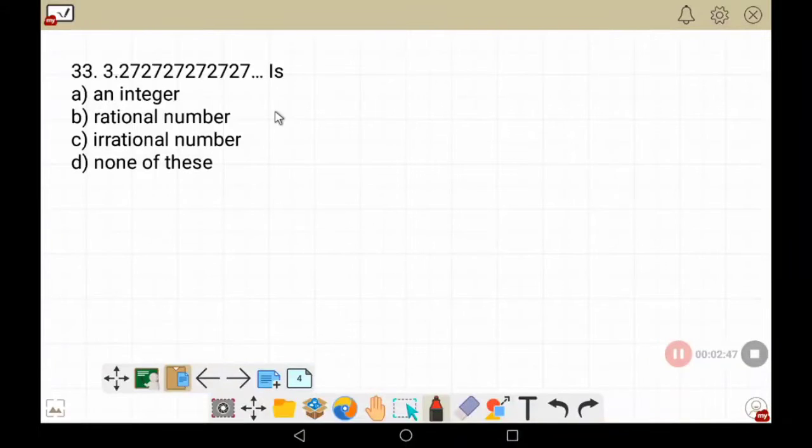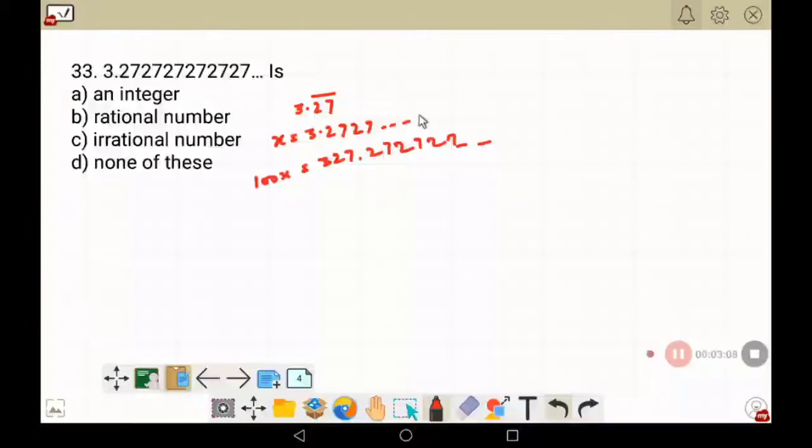3.272727. Tell me students, you can write 3.27 bar. Assume this number x equals 3.2727 dot dot dot and multiply this equation by 100, you will get 327.272727. If you subtract equation 1 from equation 2, 100x minus x becomes 99x.